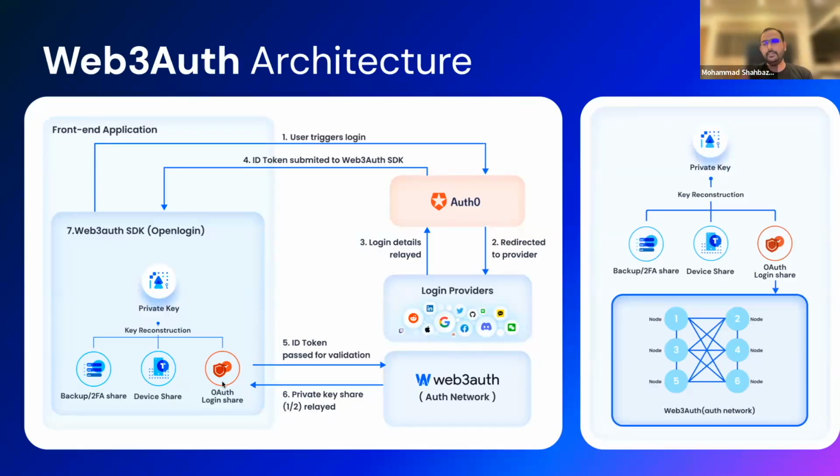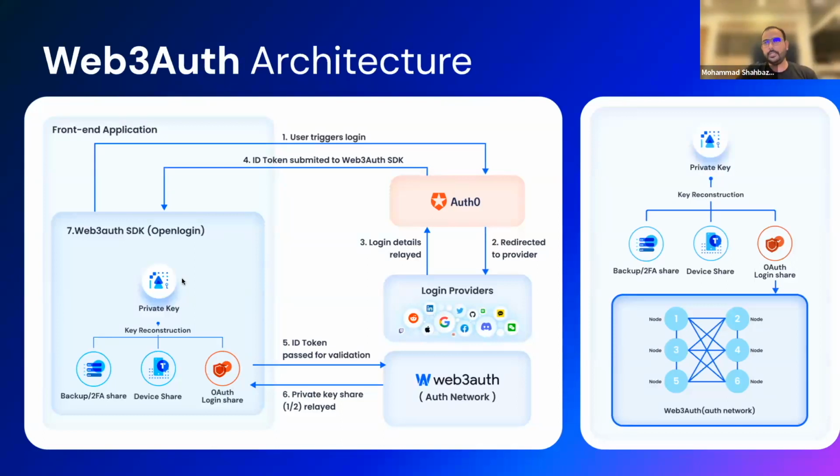The private key never sits on Web3Auth's network or server, even with the OAuth provider. Here there is another splitting, which we call distributed key generation, DKG. Here, 5 out of 9 nodes are required to reconstruct the OAuth share. Similarly, the device share. Using these two, one can generate the private key.